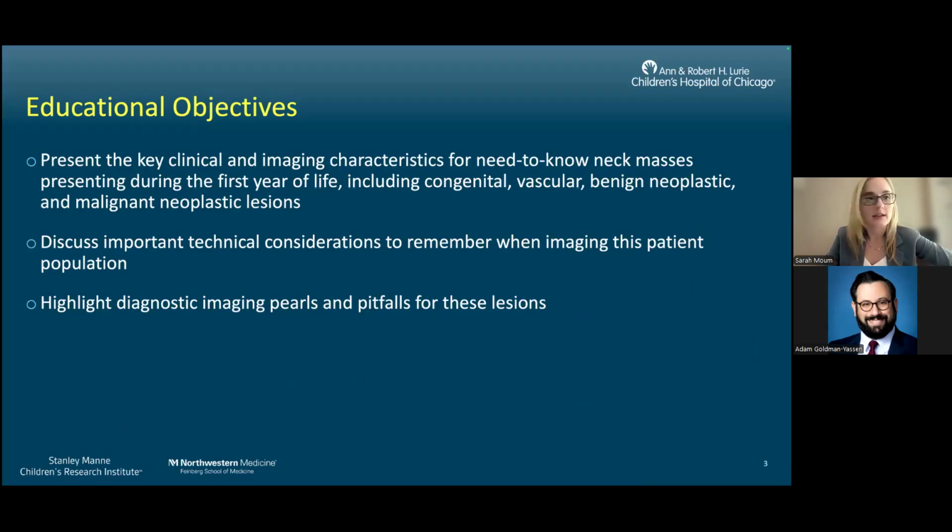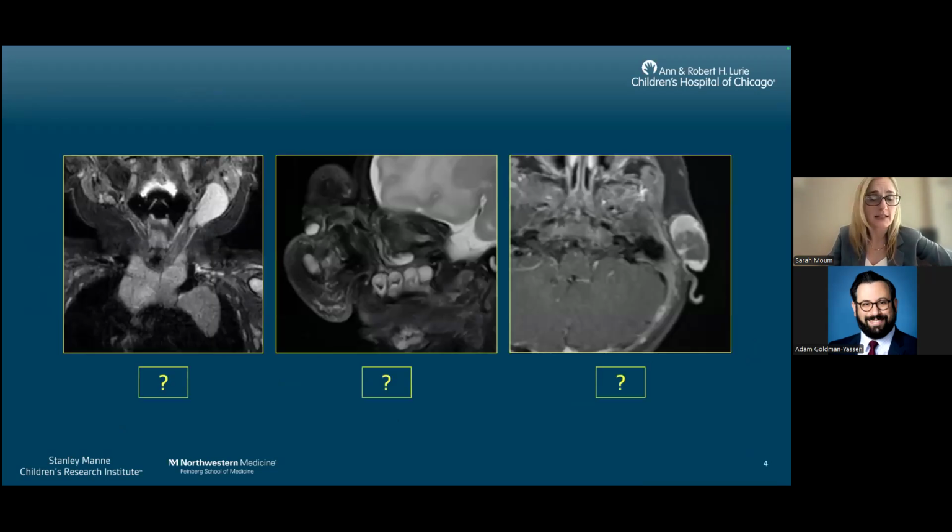And as we discuss differentials, I'm going to do my best to highlight important imaging pearls and pitfalls to keep in mind. Before we jump into our discussion, I just want to show three unknown cases. Marked unknown cases, especially the middle image, but we'll come back and revisit these not infrequently encountered entities at the end of my lecture.